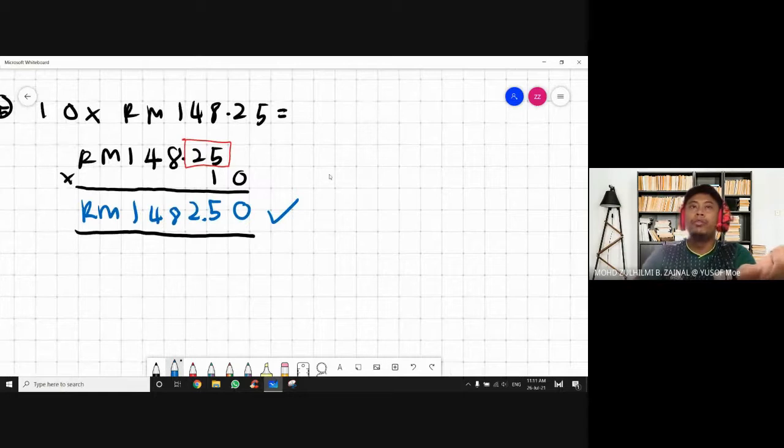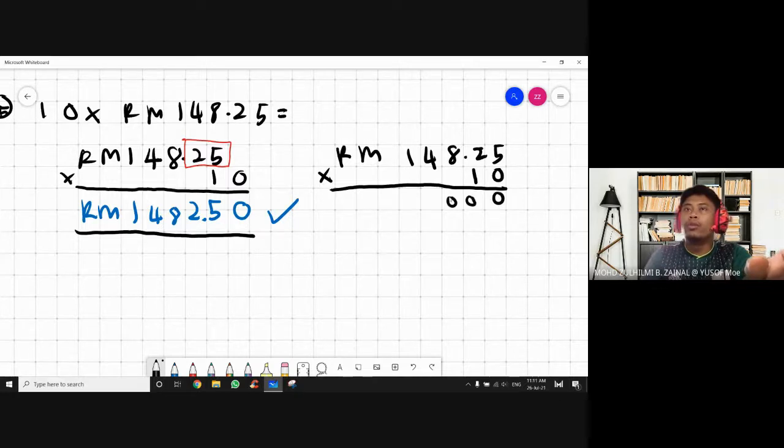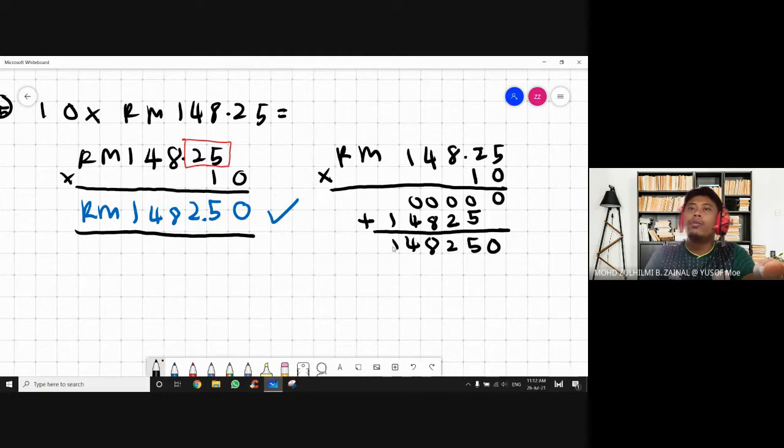Okay, let me show you. For example, kalau kamu follow the book, your calculation should be like this. 148.25 times 10. 5 times 0, 0, 0, 0, 0. 5 times 1, 5, 2, 8, 4, 1 plus. 0 bring down. 5, 2, 8, 4, 1 RM.